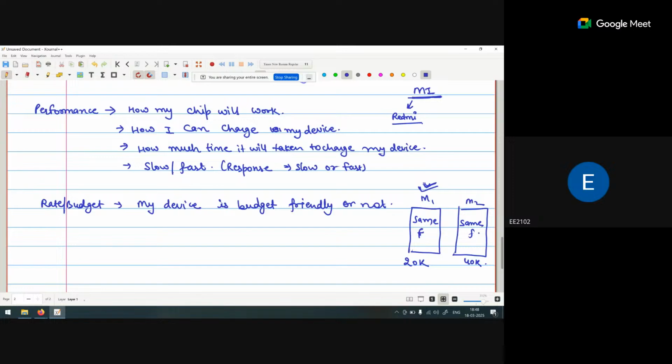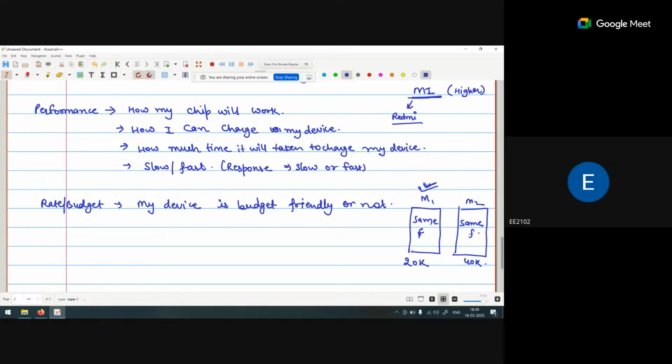Okay, any other? No? So basically, Redmi is a branch of MI. The company is not the same. The cost of a Redmi phone is lower, because other companies in the market provide mobile phones with the same features at a lower cost.